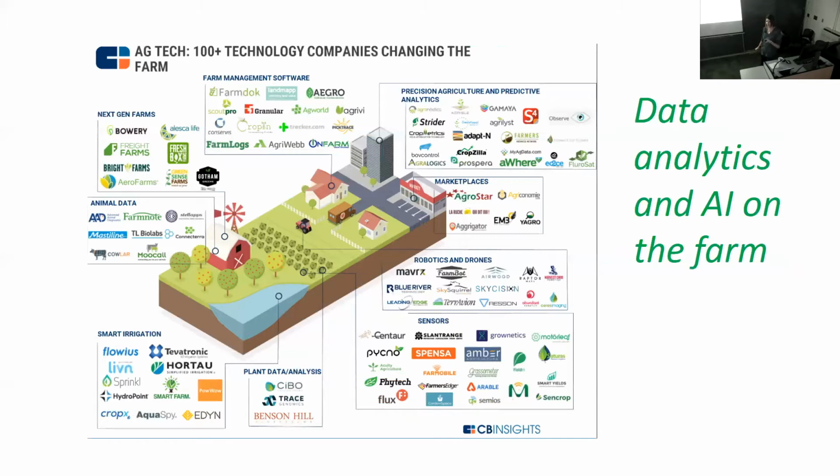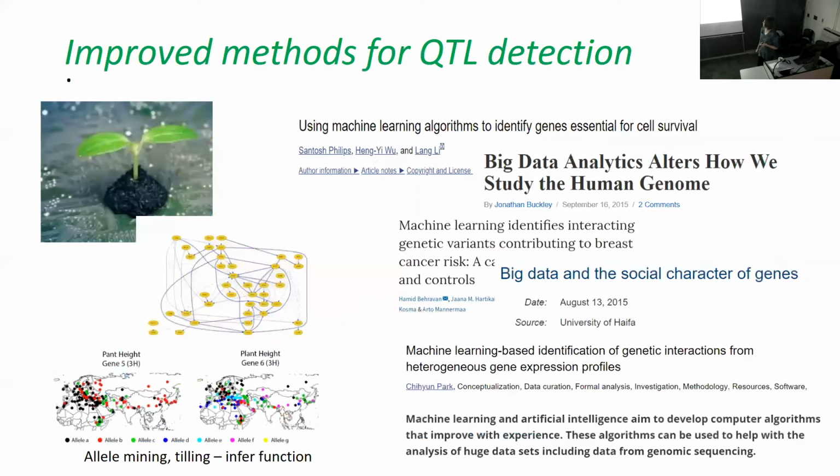If you fancy setting up your own company, I would recommend this is the space to look for your AI technology. But we are seeing a lot of new information coming out about using big data analytics and machine learning to understand quantitative traits, gene networks, gene complexes, gene communities.